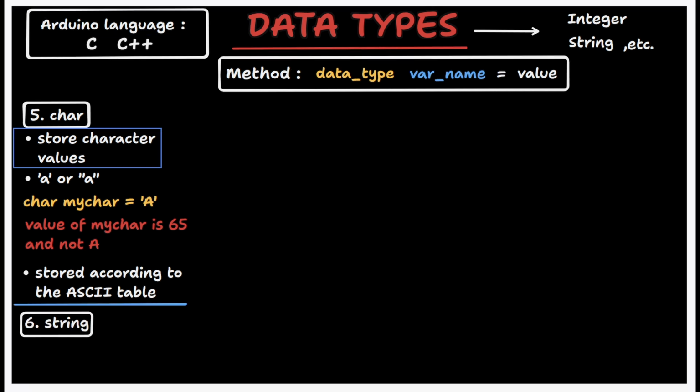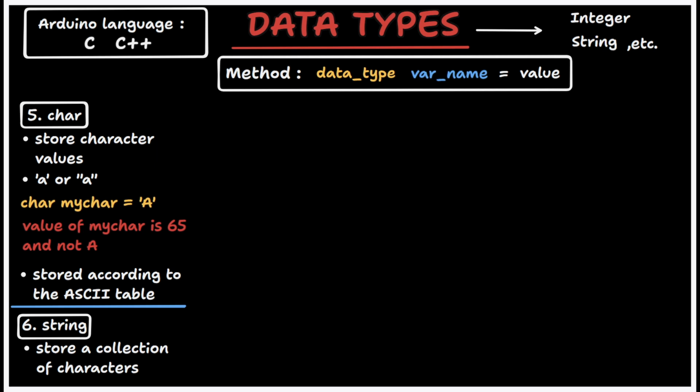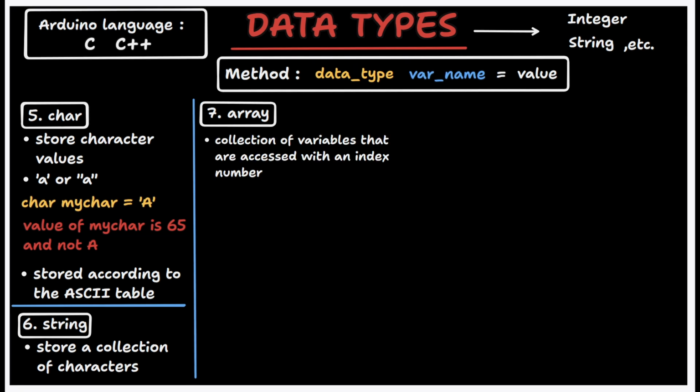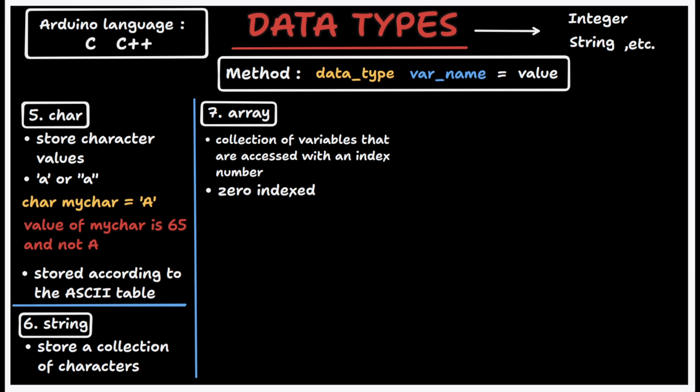Number 6. String. The string data type is used to store a collection of characters similar to that in C language. All the valid declarations of C are applicable here. Number 7. Array. An array is a collection of variables that are accessed with an index number. Arrays are zero indexed, which means the counting starts from 0.